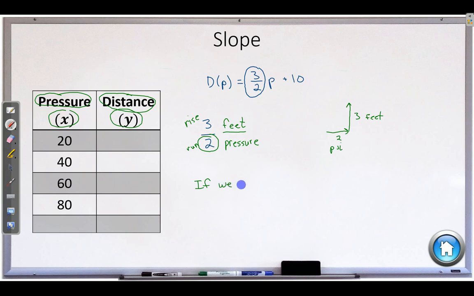If we raise the pressure by 2 psi, we expect the rocket to go an extra 3 feet.